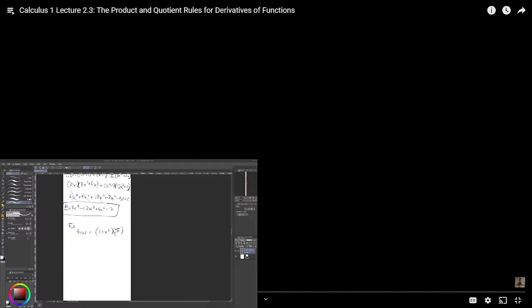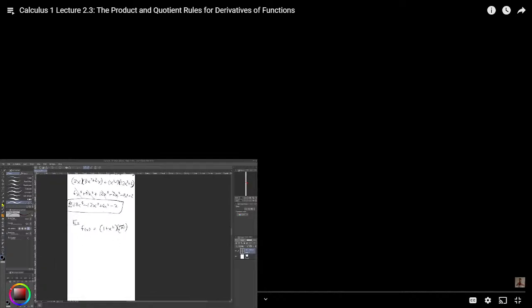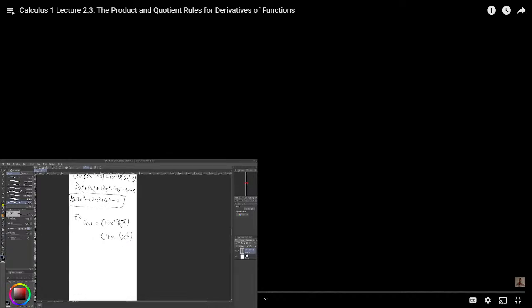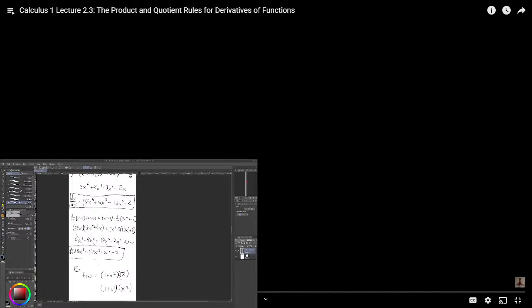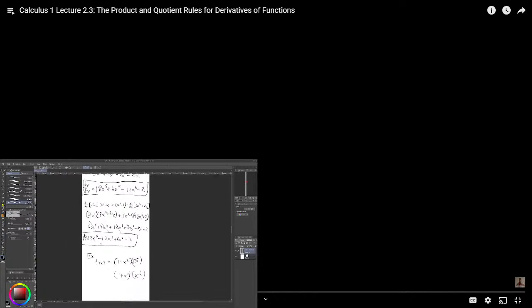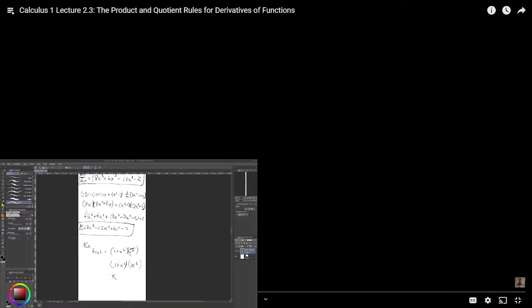Probably going to want to change this to be x to the power of half. x to the power of half plus 2.5, which is, hold on.